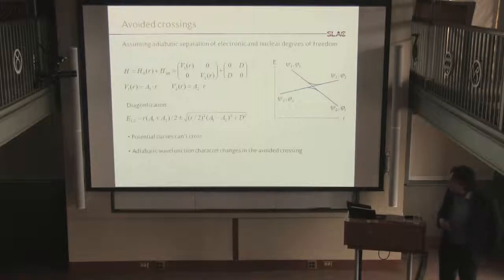Another thing to mention is that the adiabatic wave function character changes in the avoided crossing. We start with something, we end up with something else. And so you can see phi1 goes to phi2. Now, there are cases when we'll have diabatic types of crossings, when stuff goes really, really fast. Often in nature, we don't see that because electrons will always be faster.